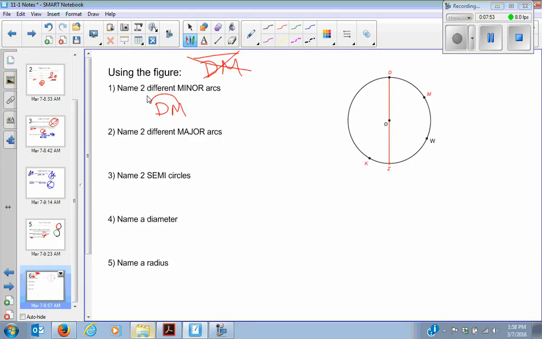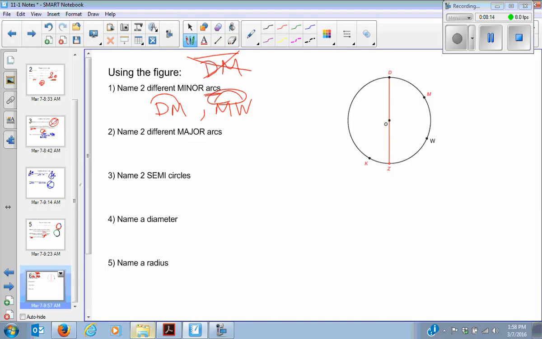We are not talking about that right now. We are talking about an arc. So notice the difference. We could talk about another one, which would be MW. And again, the arc mark symbol. Notice that symbol, please. The key to geometry is knowing the symbols.